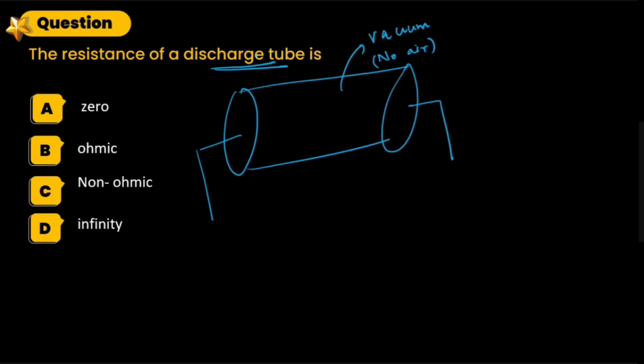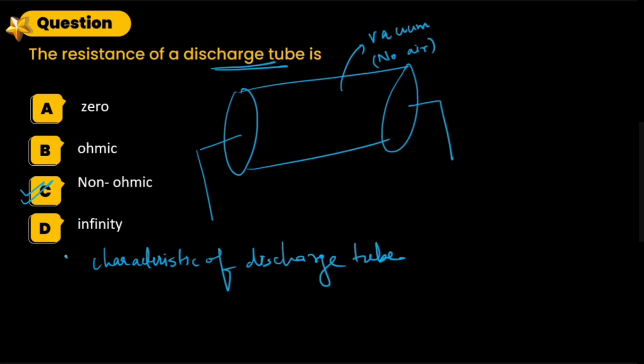So that is something we call a discharge tube. When we found a discharge tube's resistance, we found that it is non-ohmic. So it is a characteristic of the discharge tube, which might be asked in some sort of MCQ. So you can just learn it.